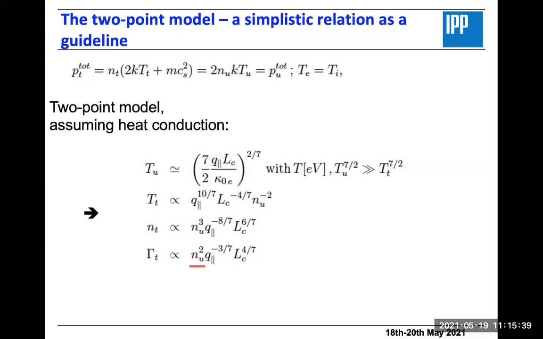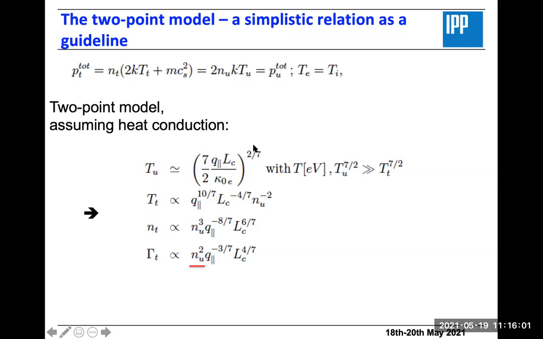So essentially it depends on P_sol. But this tells you what? That the upstream temperature of a scrape-off layer plasma is essentially a very weak function of the power entering the scrape-off layer, because the exponent is 2/7.